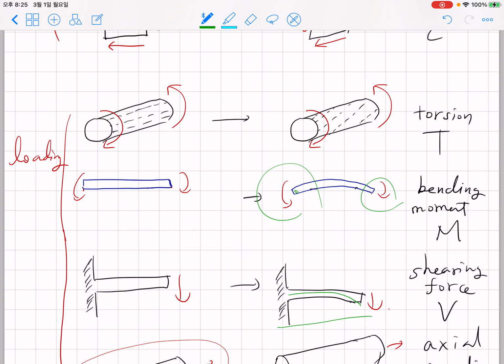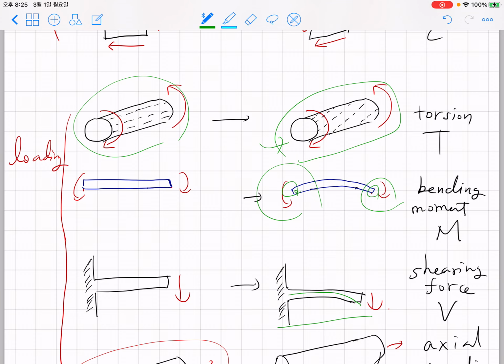If you take your eraser or a piece of paper and apply a moment on the two ends, you're going to see your object bend. Another one is torsion. This is when you have a circular object and try to twist it, and starting from here you're going to see the twist of the body. These are the loading modes we're going to consider in ME231.